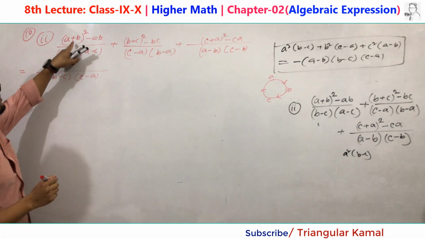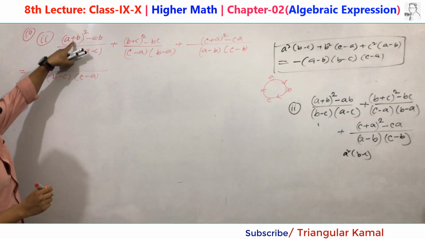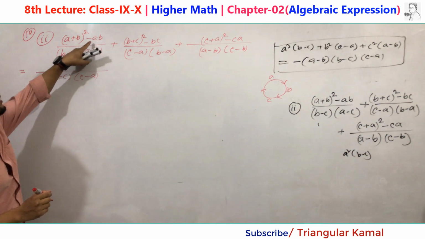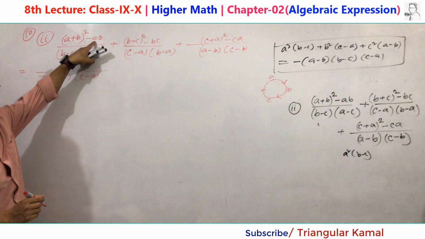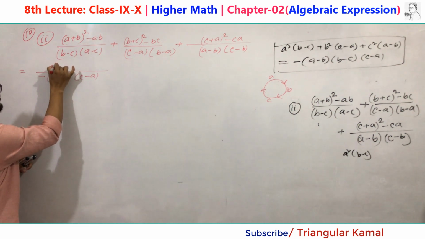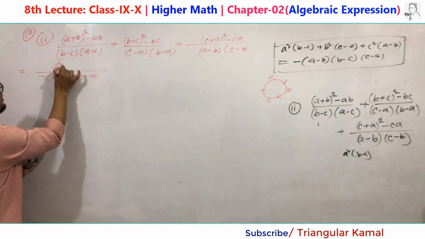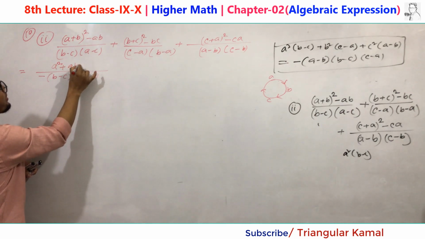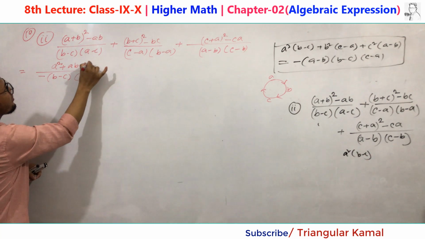And what will happen here is A square plus twice AB plus B square, then do subtraction of one AB from twice AB. The final result will be the remaining A square plus AB plus B square.